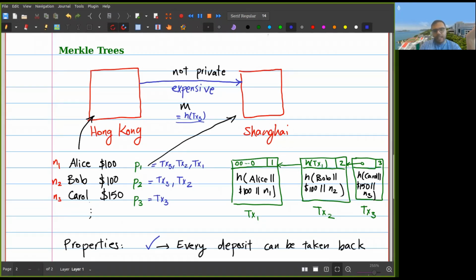She will not get any information, not even the hash of transaction 1 or 2. Okay, actually transaction 3 contains the hash of transaction 2, that's fine. But my point is, she doesn't get transaction 1 and 2.